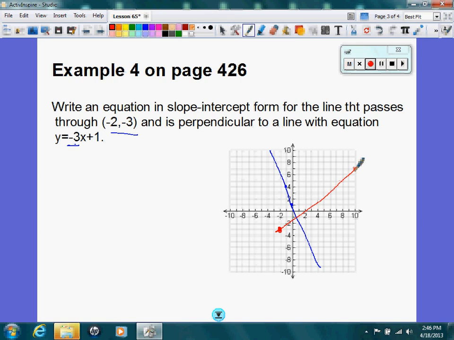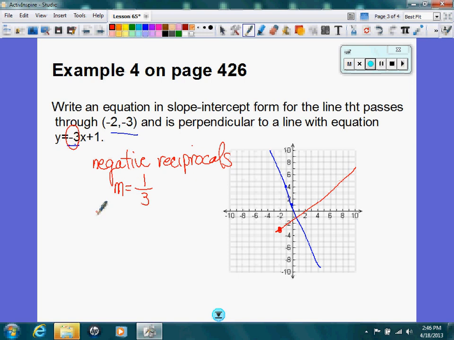You remember how the slopes of perpendicular lines compare: they're negative reciprocals. The slope of our first line is -3. The negative of -3 would be +3, and the reciprocal of 3 would be 1/3. So the slope of our new line is going to be 1/3.